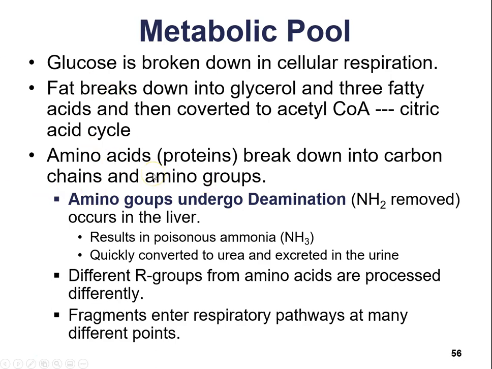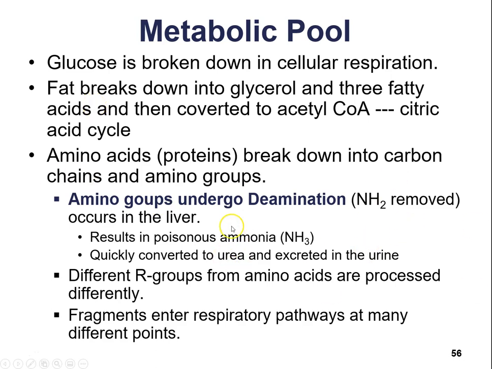Amino acids from proteins get broken down into carbon chains, and you need to deaminate, or remove the amino group, and that happens in the liver. This produces poisonous ammonia that has to be converted to urea and excreted in the urine. You'll talk about this in an anatomy and physiology course, and also in general bio or fundamentals of biology, in terms of the removal of these types of wastes.